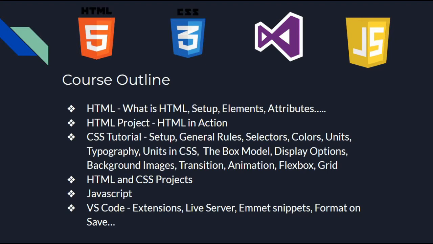But for JavaScript, we'll be looking at variables, data types, operators, loops, functions, classes, the DOM, document object model, and etc. And we'll be covering VS Code, nifty extensions, Emmet snippets, live server, format on save, and some basic VS Code tips to improve our development workflow.